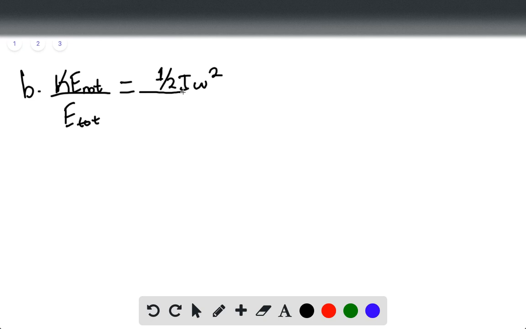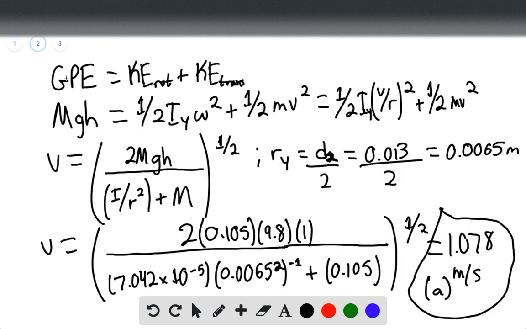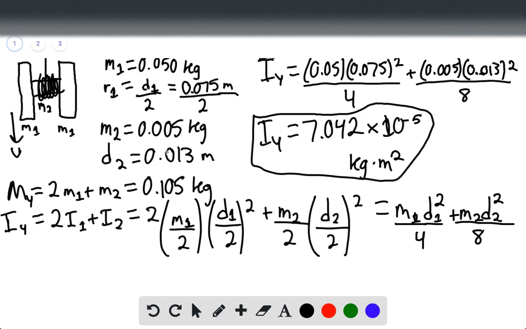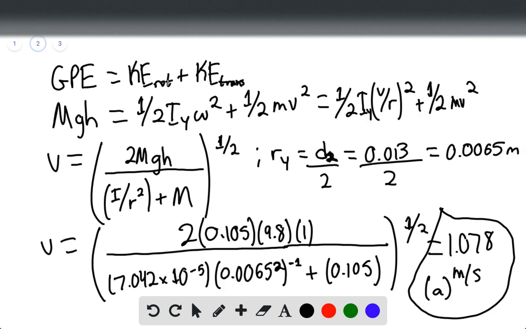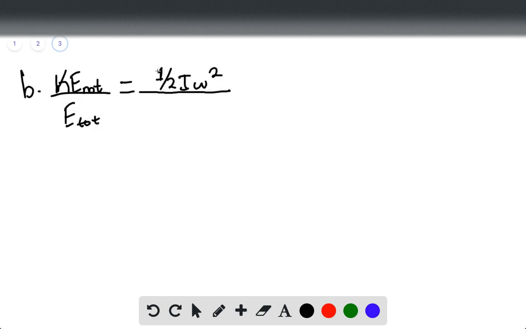But now the total energy, we can say that the total energy is going to be rotational kinetic energy plus translational kinetic energy, but this sum simply equals the gravitational potential energy. So for the total energy, we can simply say mgh. And this is extremely convenient because, again, omega equals v over r, and this becomes a lot easier.